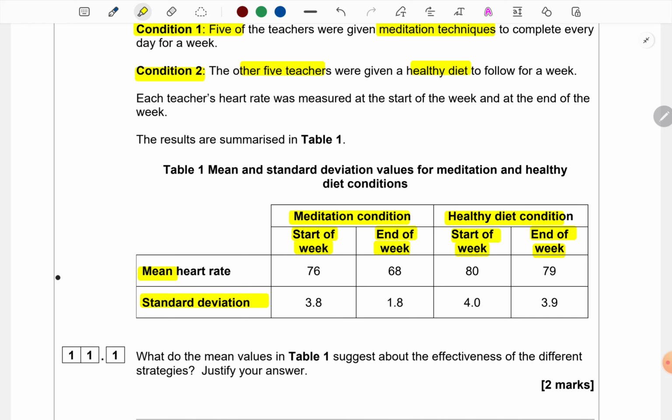Now, I won't read out the entire table, but we should just glance through what information is given before coming to the question. So, for example, at the start of the week, teachers who were in the meditation condition had a mean heart rate of 76. But by the end of the week, their mean heart rate had come down to 68. So, like this, we can read any cells of the table.